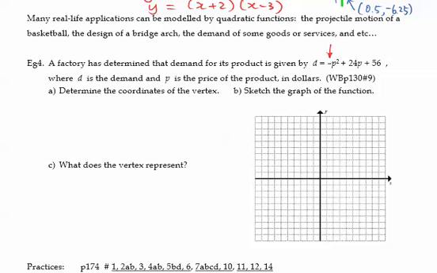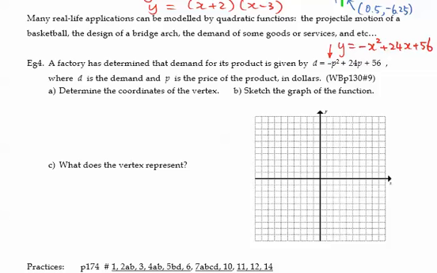A parabola that will open downward. But once again, if you don't like working with these two variables, change it. Change these variables back to x and y. You don't have to stick with p and d. It would just be the same as negative x squared plus 24x plus 56.